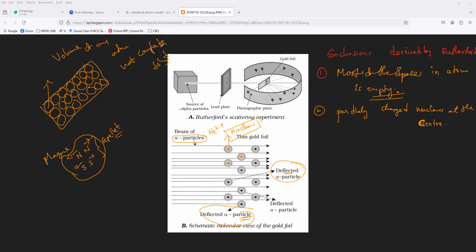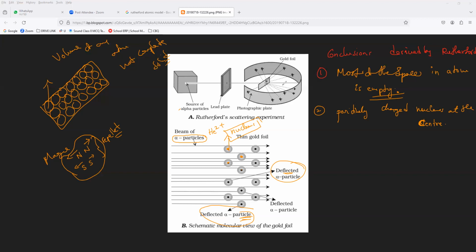Now, all of you again read the second point of the observation. Few particles would deflect with small angles and few with large angles.